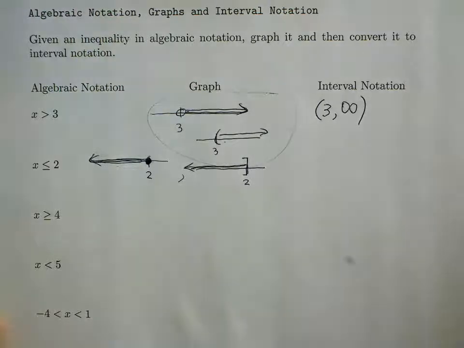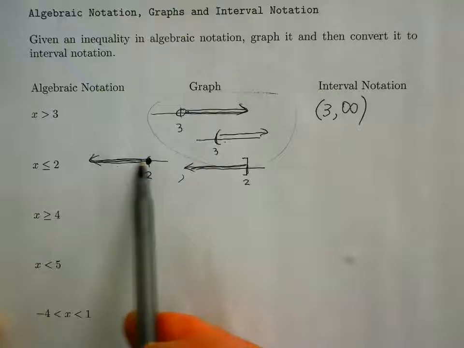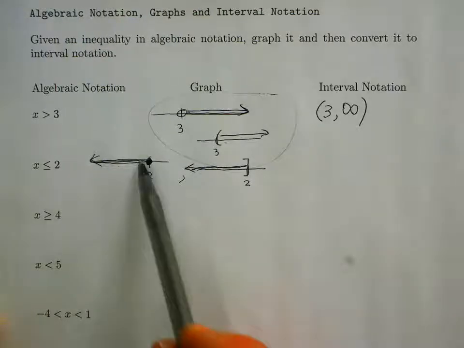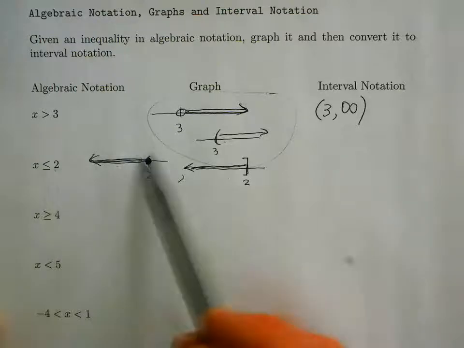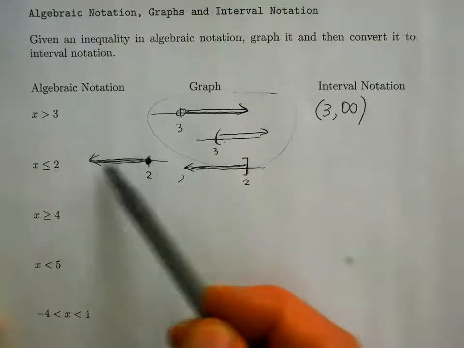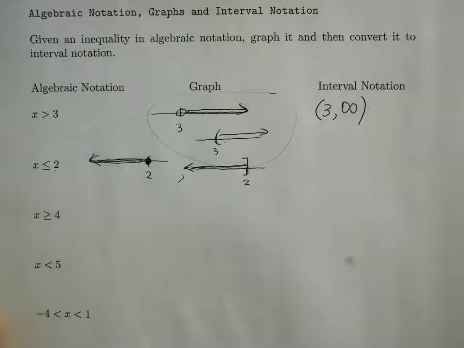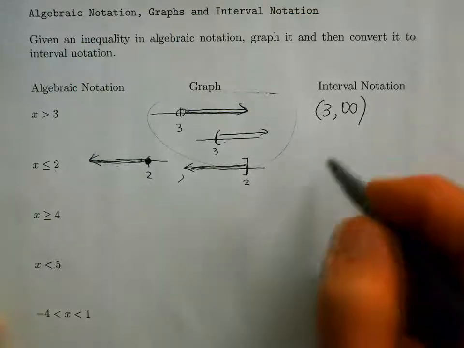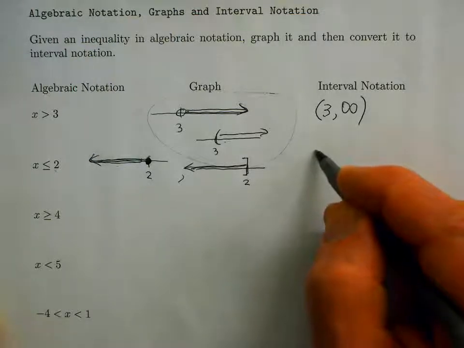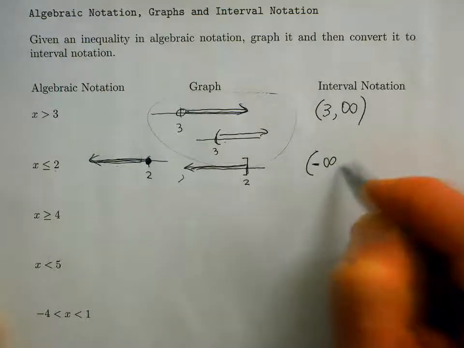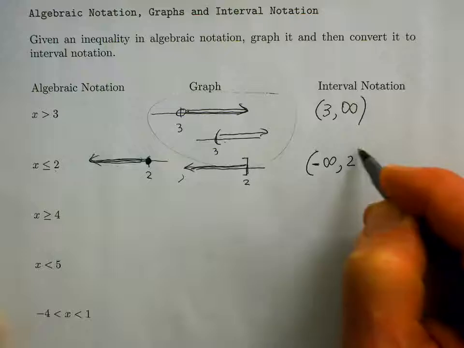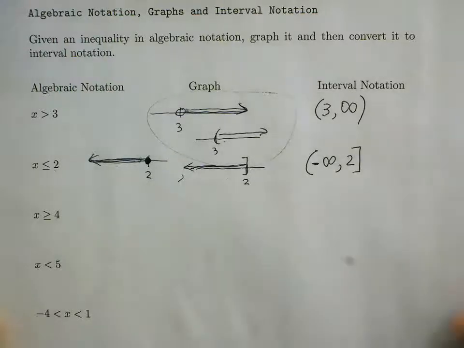Okay, then the interval notation. This time, all the numbers that are less than or equal to 2, those are in the negative infinity direction. So for the interval notation, we put a parenthesis, negative infinity, comma, 2, with a bracket.